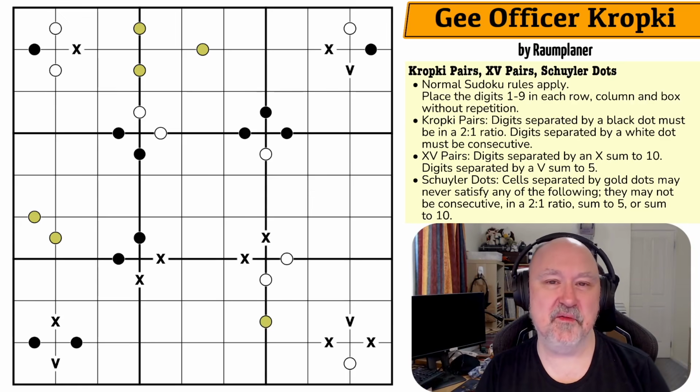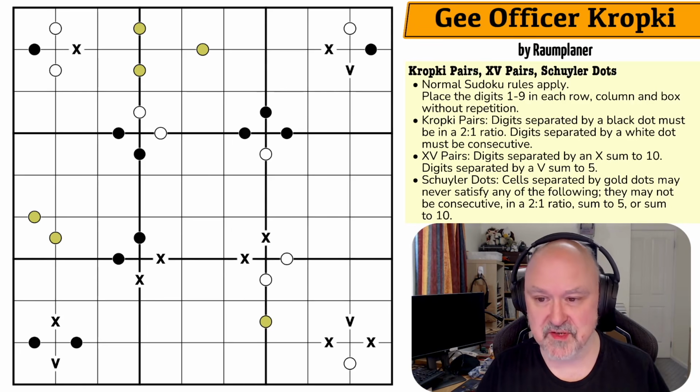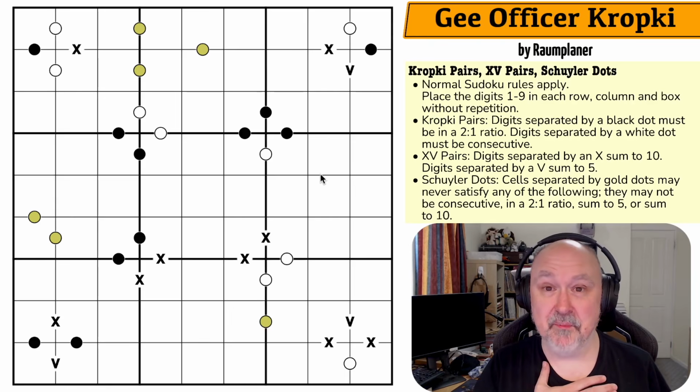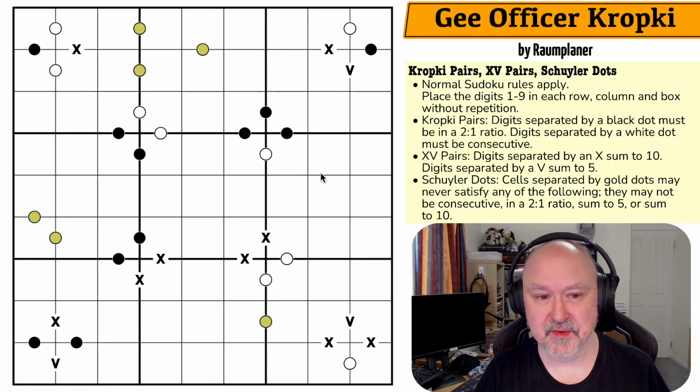And the Gee, Officer Kropki, of course, is a reference to another musical. This is not a Hamilton reference, it's West Side Story. So, yeah, this is another puzzle using the Schuyler dots, and let's give the rules a look. So, thank you, Raumplaner, for creating this puzzle on incredibly short notice.